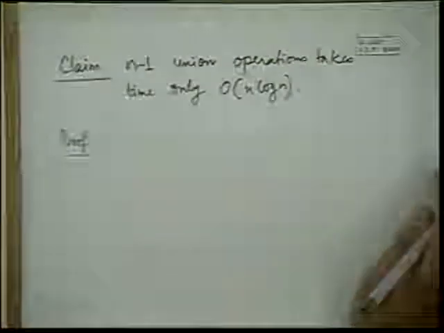The proof for this claim, in a nutshell, is like this. Each time you are changing the name of the smaller size set to the bigger size set. The complexity over the n operations is nothing but governed by the total number of name changes, because that's the time consuming part. Now each time an element changes its name, it finds its position in a set which is at least twice as large as the previous one.